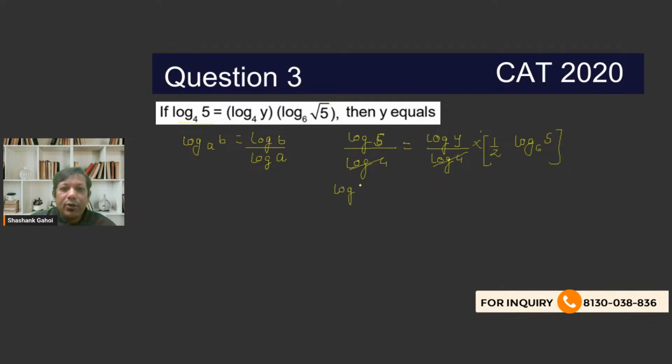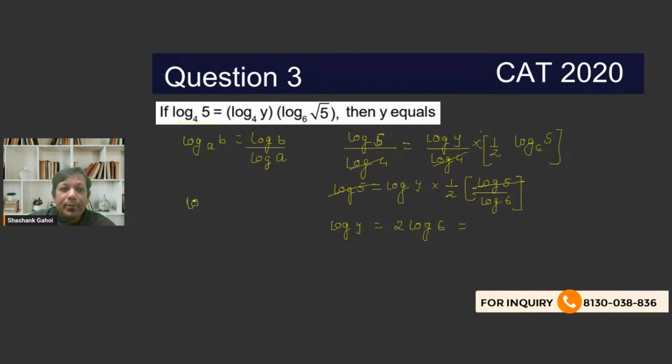Now I'm going to say log 5 is equal to log y into 1 by 2 log 5 upon log 6. Now, if you see, log 5 cancels out. So what I'm going to get is log y is equal to 2 times log 6, right? So which formula am I going to use now?